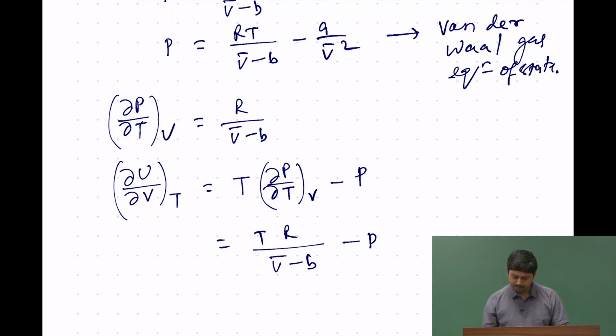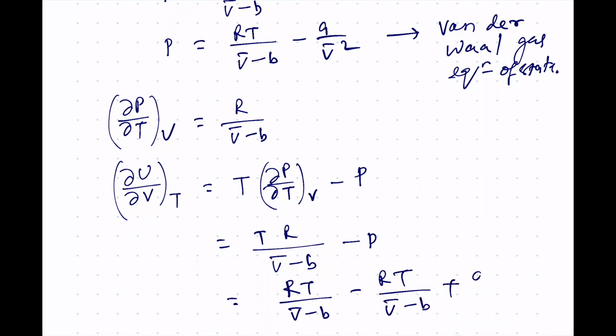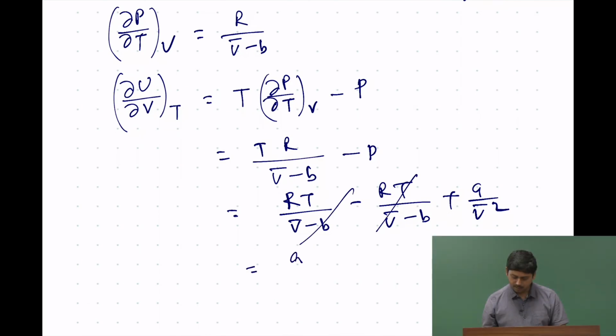P is this quantity. So, R T by V minus B minus R T by V minus B plus A by V square, and this term cancels, giving me A by V square.